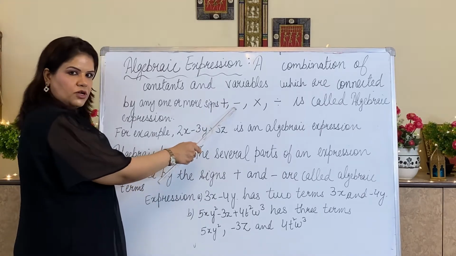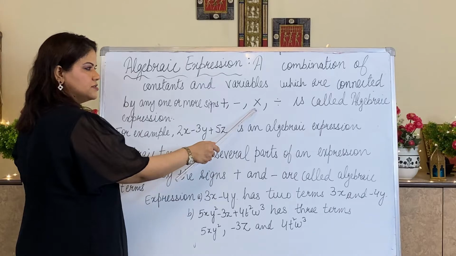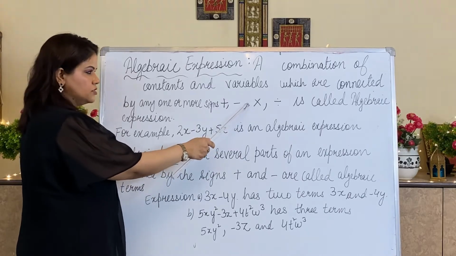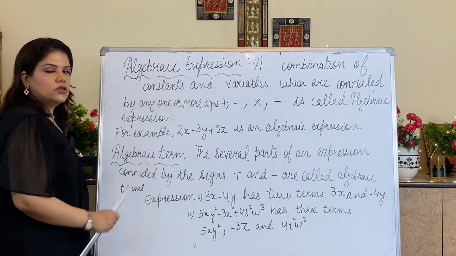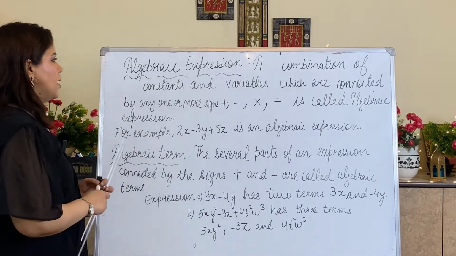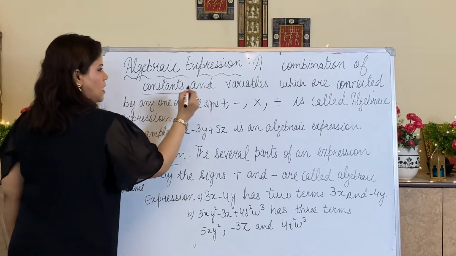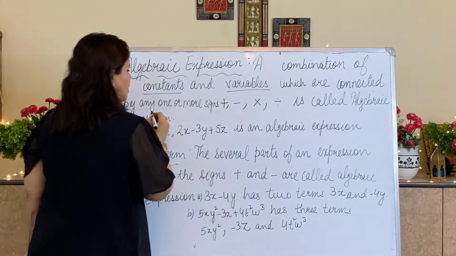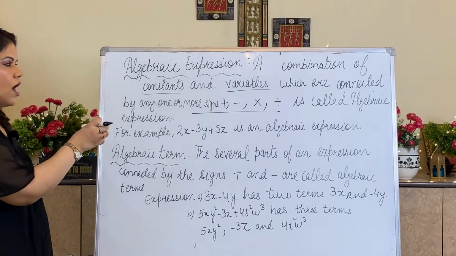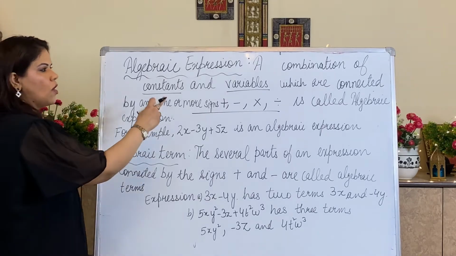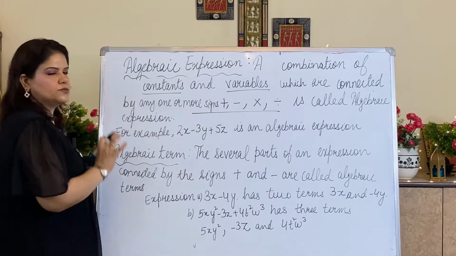It is a sign of subtraction, minus sign. It is a sign of multiplication, that is multiply sign. It is a sign of division, that is division sign. So there are three things. I am taking constants, I am taking variables, and I am taking signs. They all are connected to form an algebraic expression.